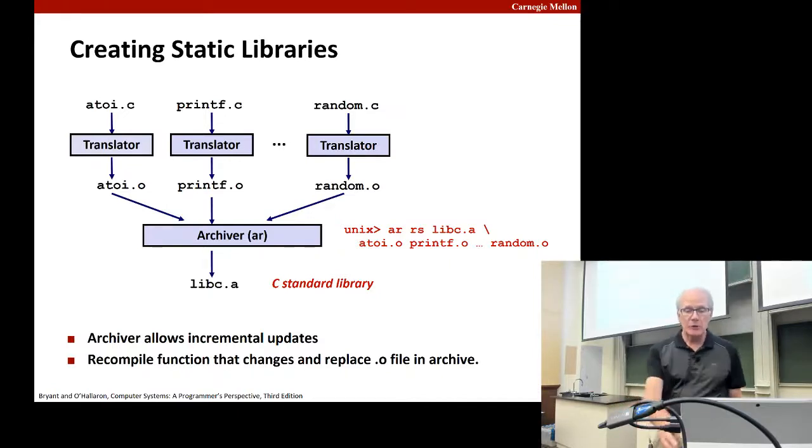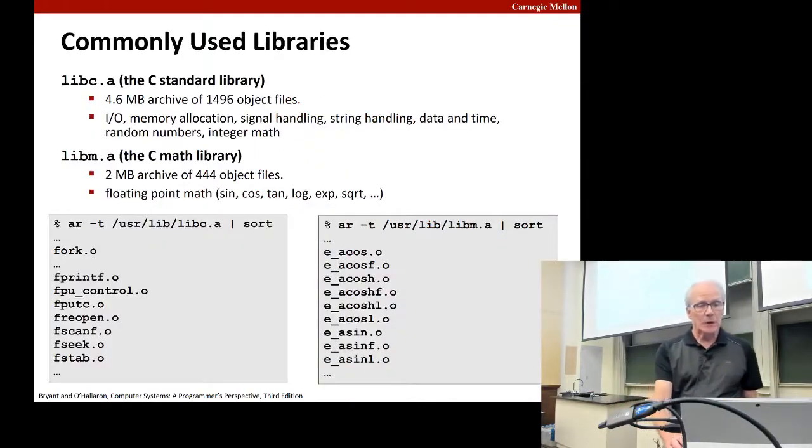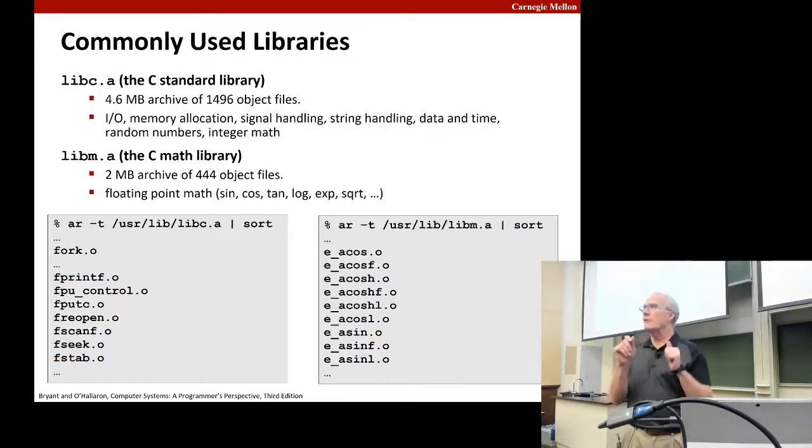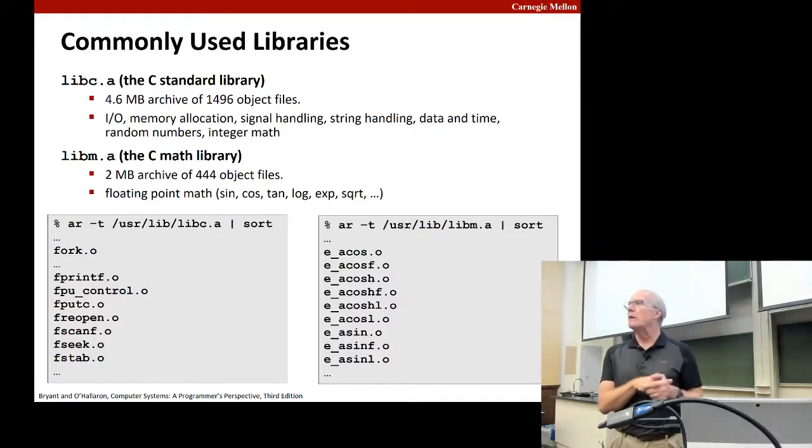And then when you go to compile, for example, if you look on a machine, you can use the archive program, which is a little like tar, except without the T, in terms of the arguments you give it. You can list all the functions that are available in the C library, like printf, each in separate files.